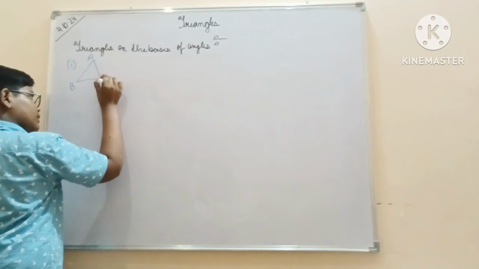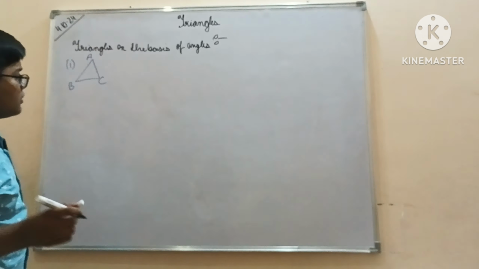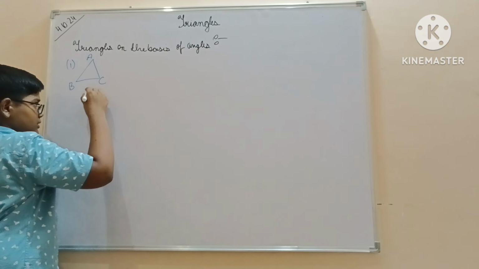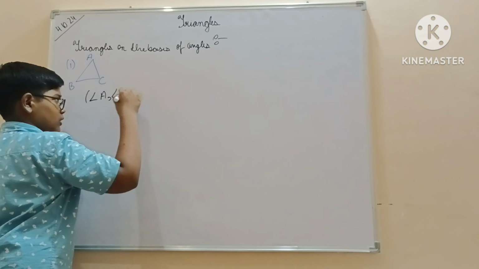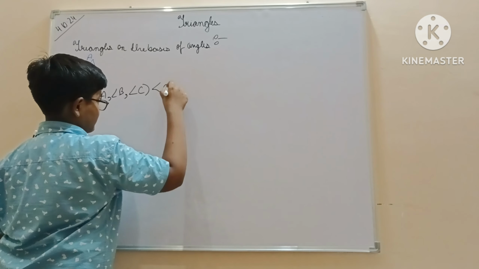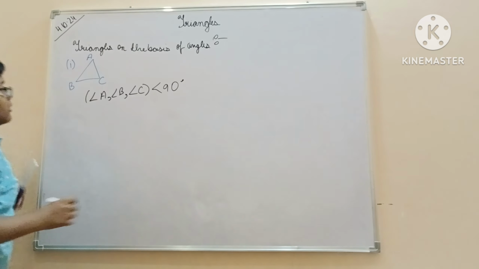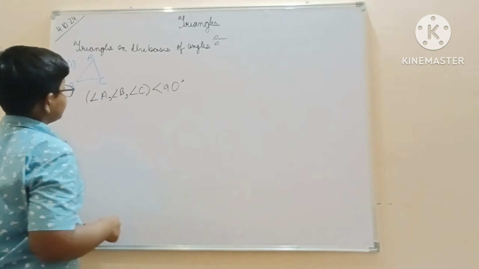An acute angle triangle is the triangle in which angle A, angle B, and angle C are all smaller than 90 degrees.